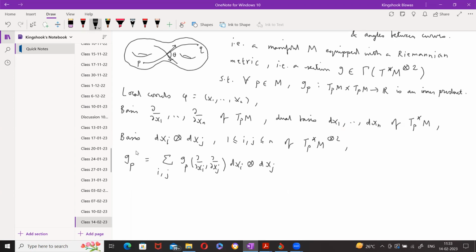Is this clear? So these coefficients are g_p acting on del del xi, del del xj. This is some function of p, so I can write this as a function gij. This is normally denoted: g_ij of p dxi tensor dxj.